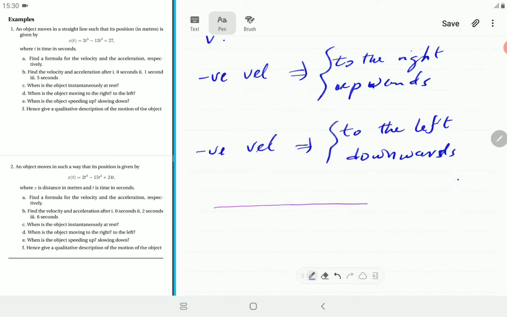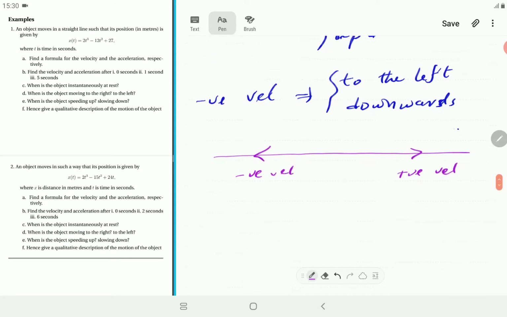So if we choose the straight line to be horizontal, then movement to the left is negative velocity, movement to the right is indicated by positive velocity.